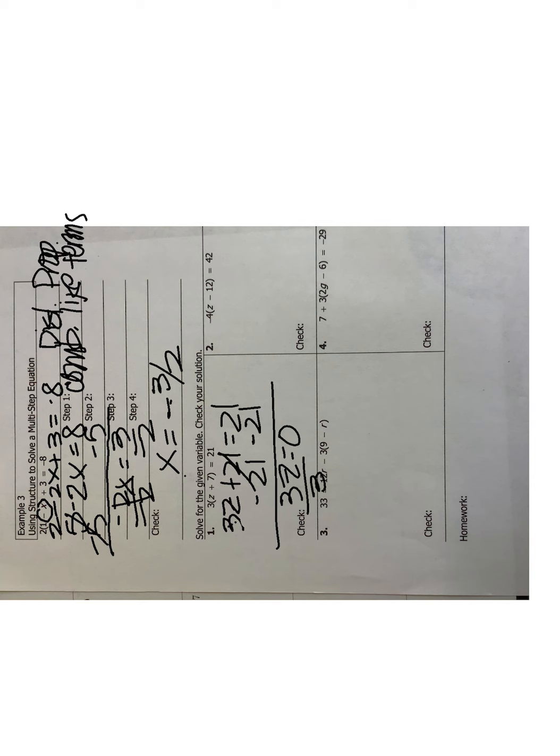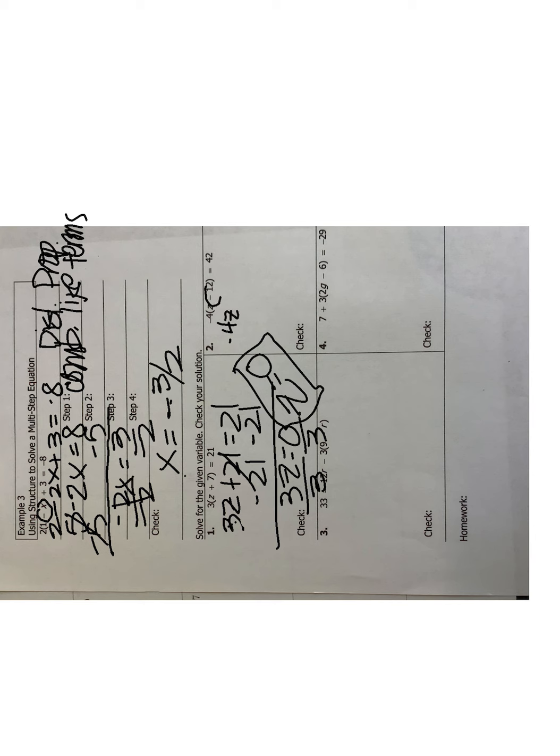Don't freak out. Keep going. It's okay. 0 divided by anything is going to equal 0. If I have nothing, it doesn't matter how many times I divide it up, I'm still going to have nothing. Z equals 0.